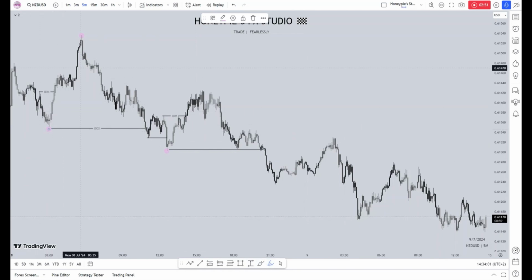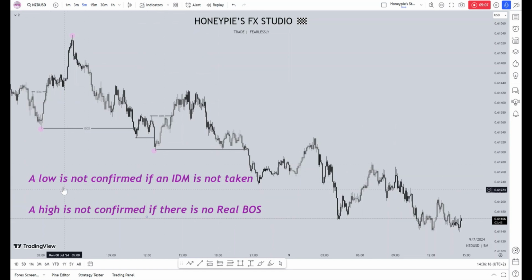Okay. Now, is this high confirmed? Yes, a high is confirmed when we have a proper break of structure. And a proper break of structure is confirmed because of an inducement which was taken at this point. Just as we can rightly see it over here, a low is not confirmed if an inducement is not taken. So this low won't be confirmed if this inducement eventually wasn't taken out.